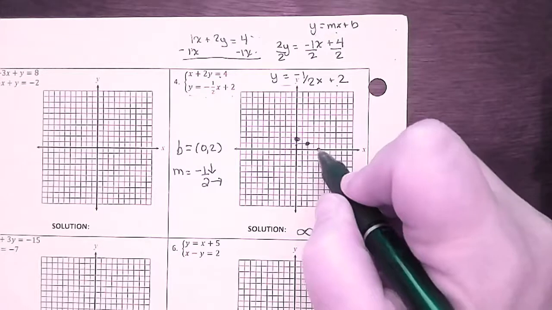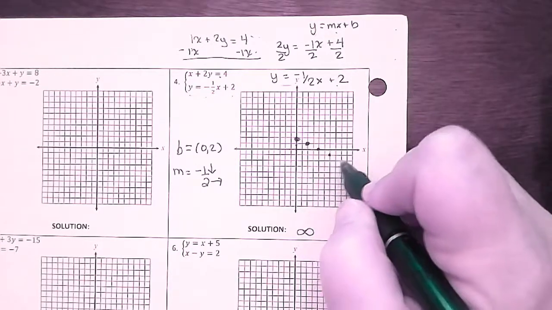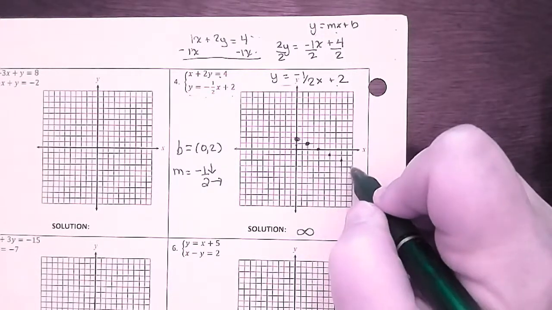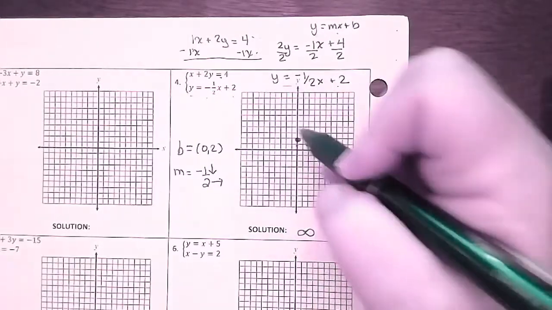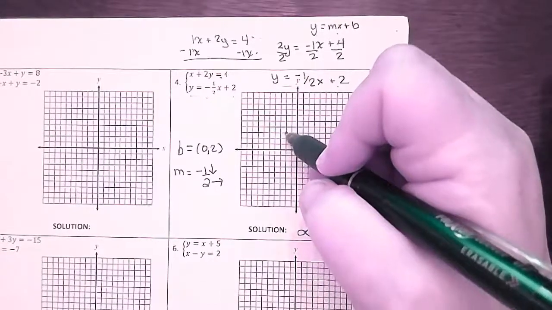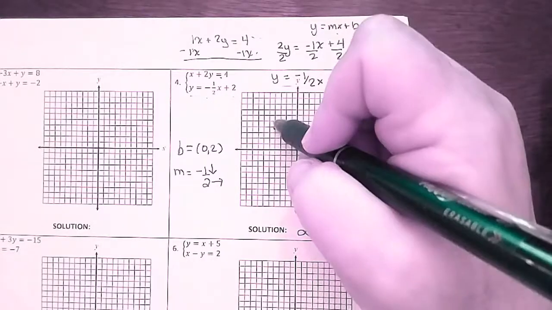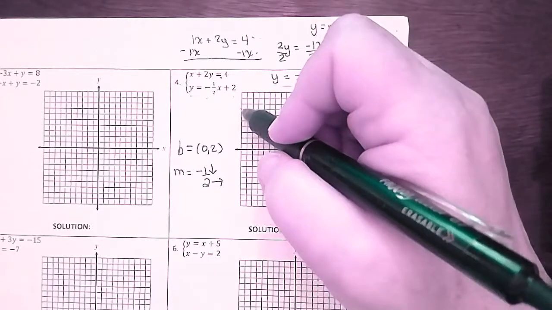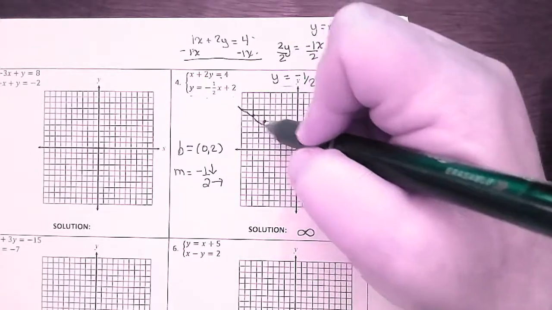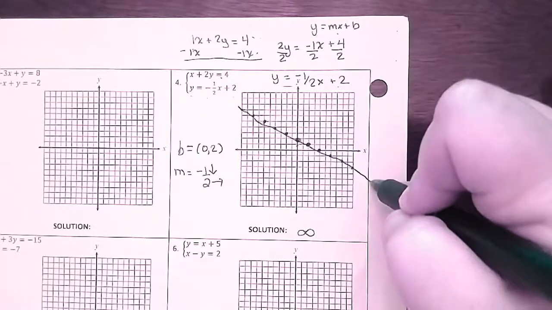And then I continue this pattern until I run off the grid. The reason why I do that is it's much easier to graph a straight line when you have that. Now you go up 1 over 2, and so on. Okay, so again, it's exactly the same line, but please don't forget to graph the line. We need to see it.